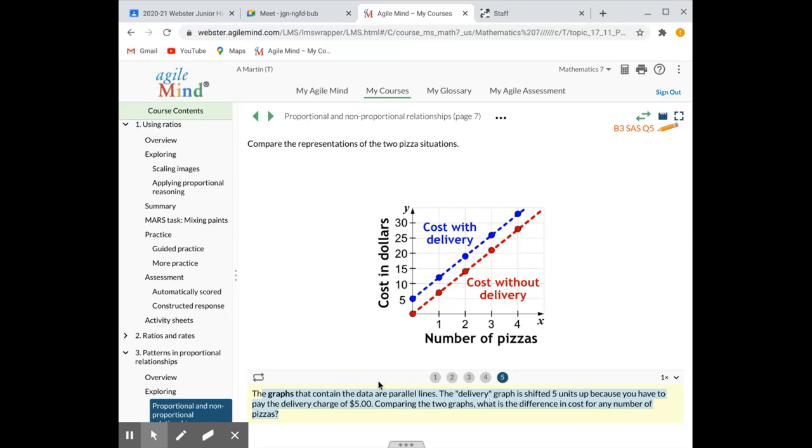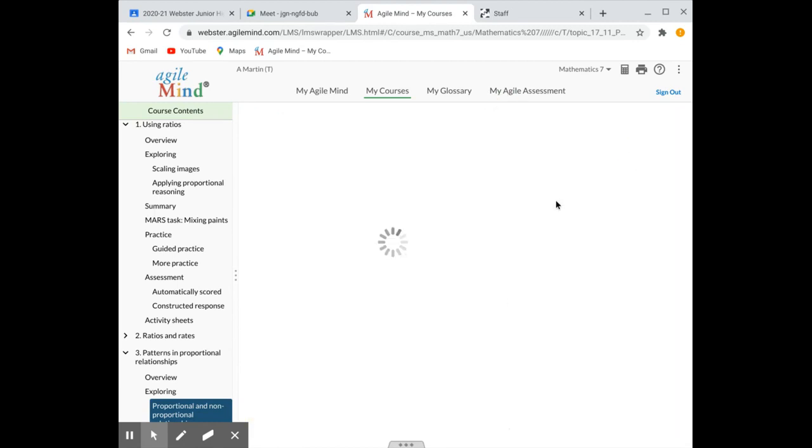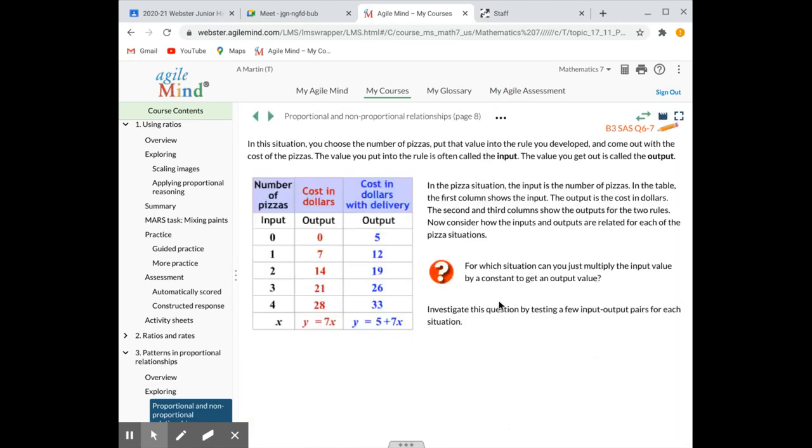All right. Let's look at page 8. If you could, would you read this for us, please, Miss Emma? In this situation, you choose the number of pizzas, put the value into the rule that you developed and come out with the cost of the pizza.